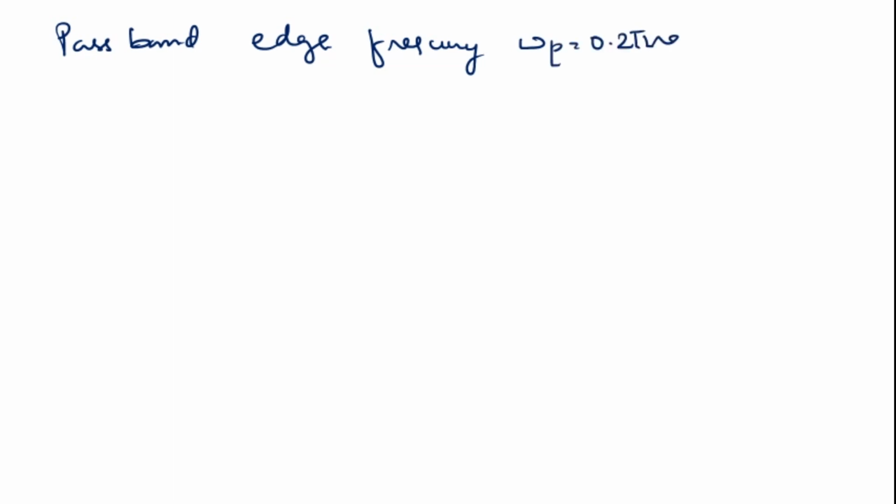And the pass band edge frequency omega p is 0.2 pi radians. The stop band edge frequency omega s is 0.6 pi radians.